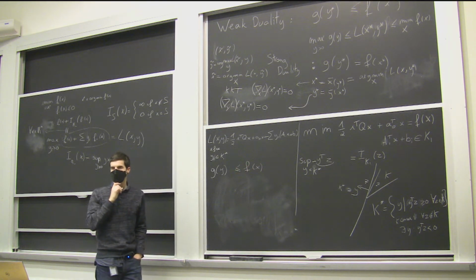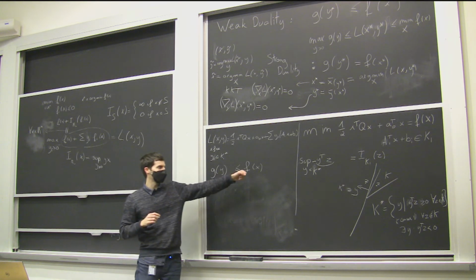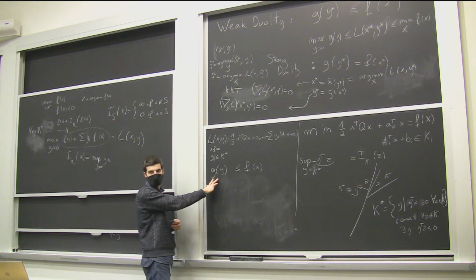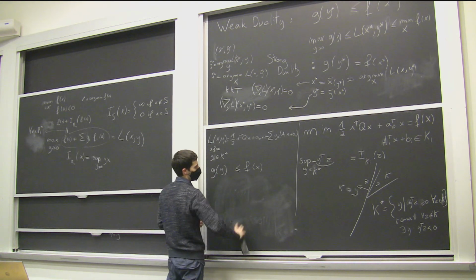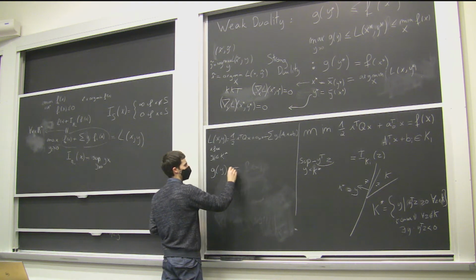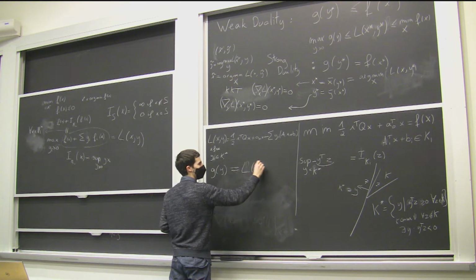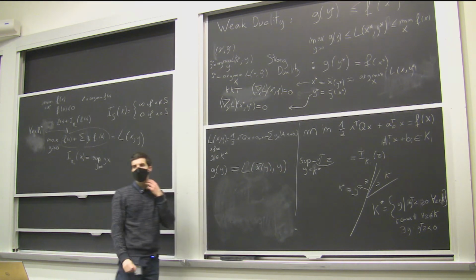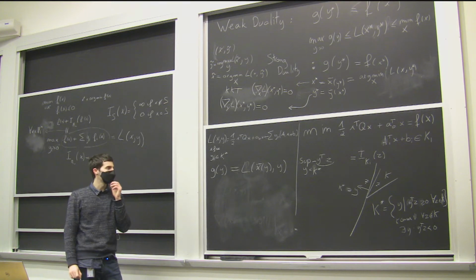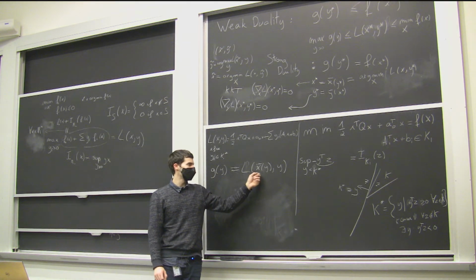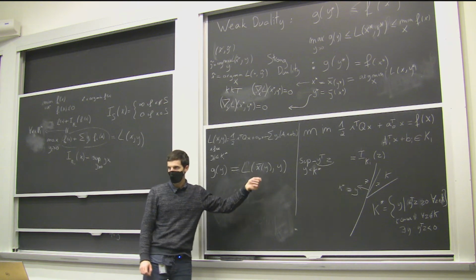So for any feasible y and feasible x, you always have this inequality. And you want to find this dual program. You know the dual program is defined as follows: whenever I pick some y, I look at the best response for the first player.